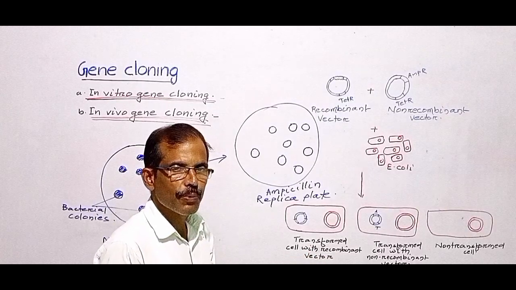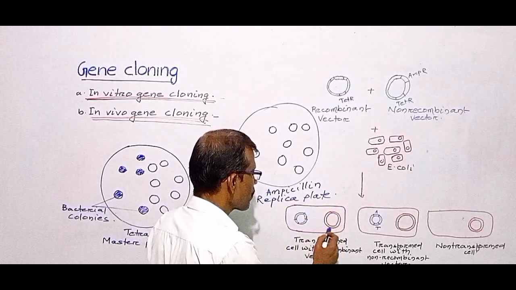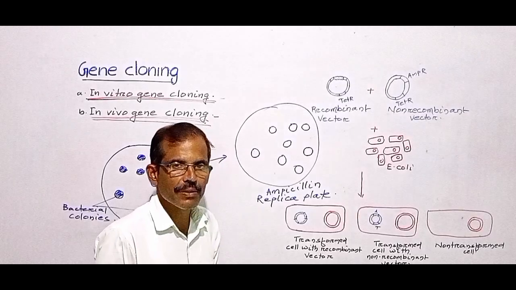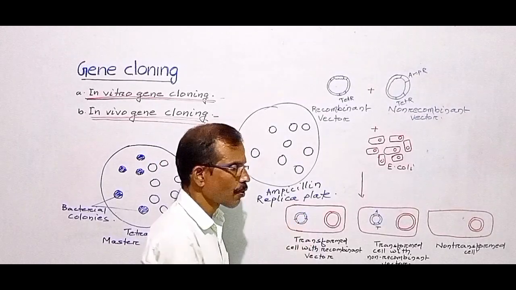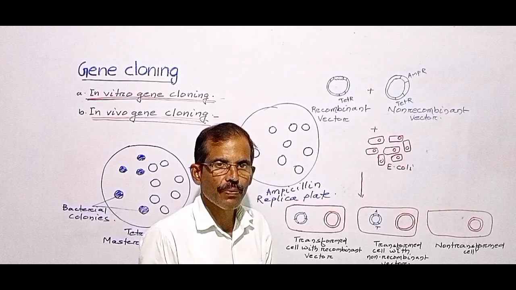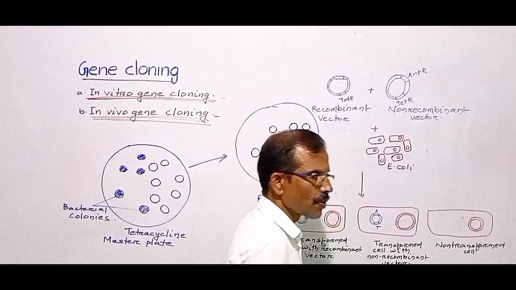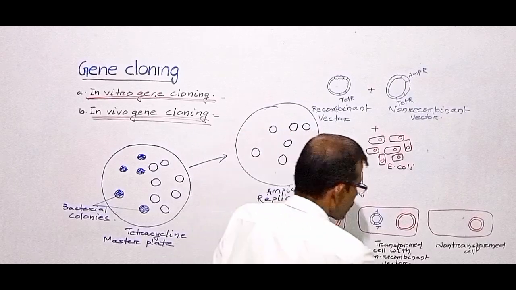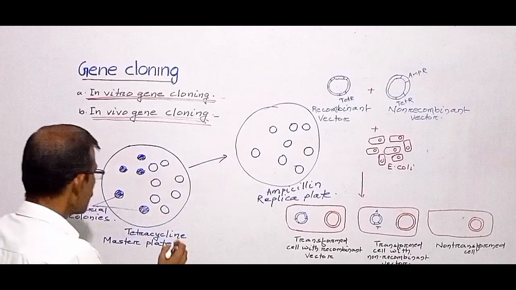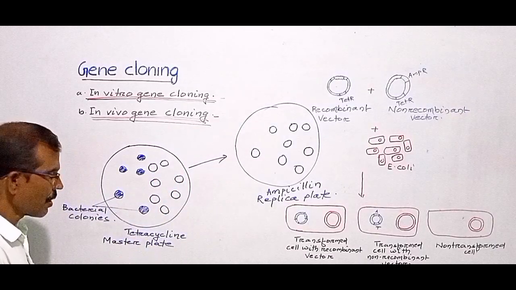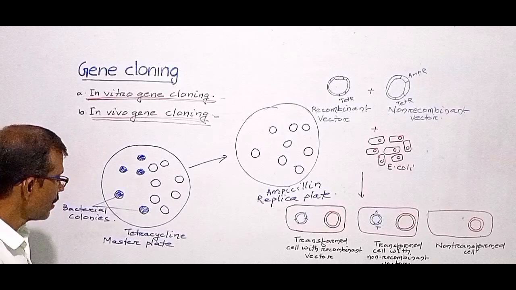After transformation, the next step is selection and amplification. For this, we have to identify the bacterial cells that are transformed with the recombinant vectors. This is because the recombinant vector contains the cloned gene. First of all, we have to kill the non-transformed cells. For this, this mixture containing different types of E. coli cells is plated on a nutrient medium containing the antibiotic tetracycline and incubated.